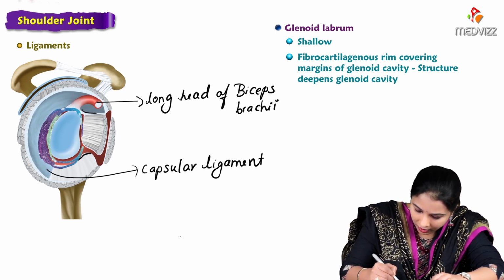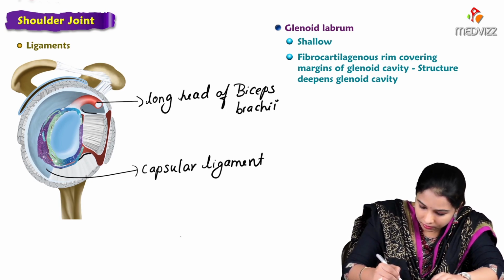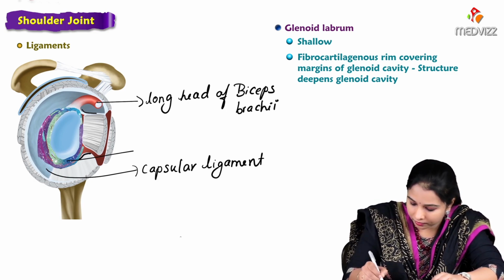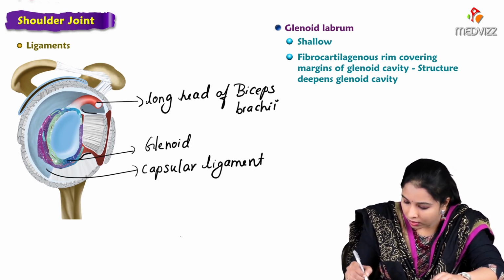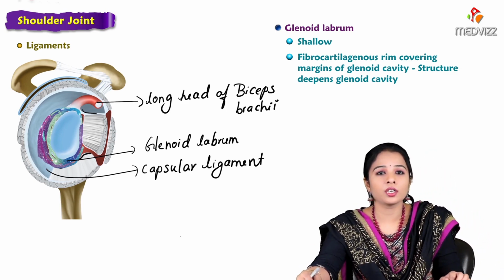This fibrocartilaginous rim is called the glenoid labrum. So this is the glenoid labrum. The glenoid labrum is made up of white fibrocartilage.